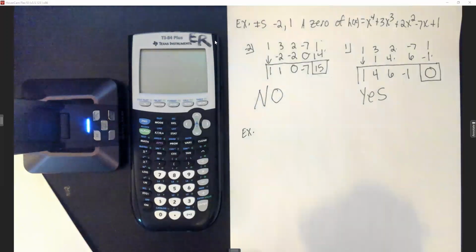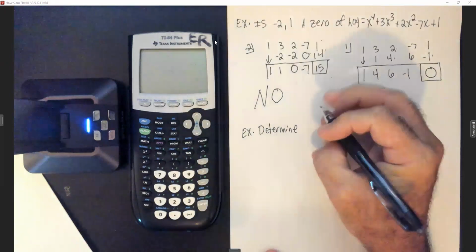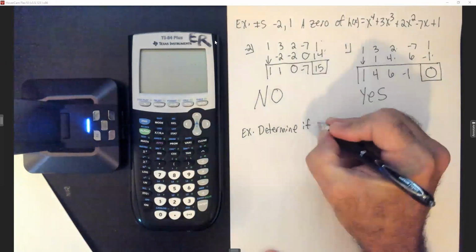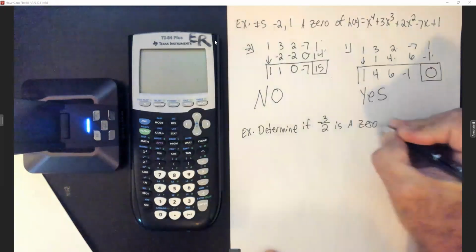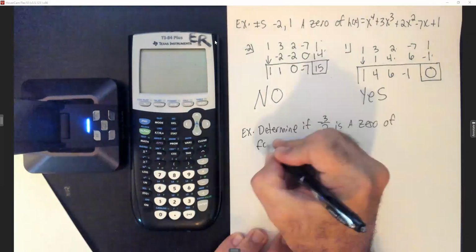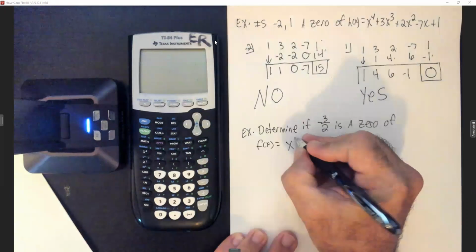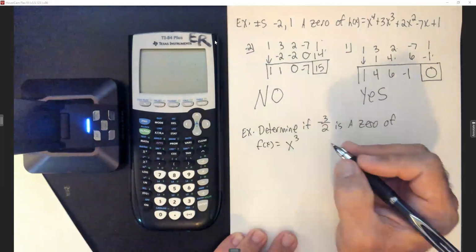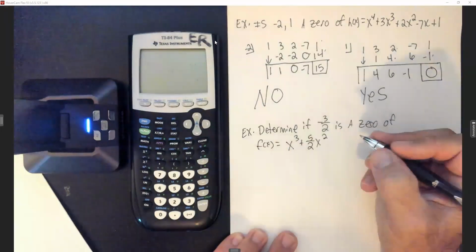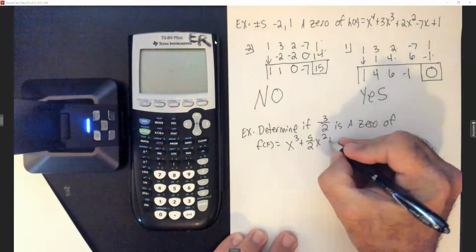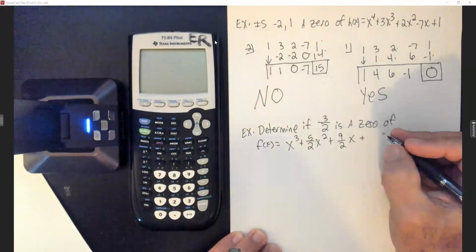So we're going to determine if a negative 3/2 is a 0 of f of x equals x to the third plus 5/2 x squared plus 9/2 x, and at the end is a positive 9/2.